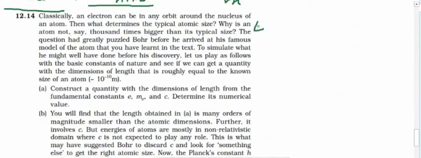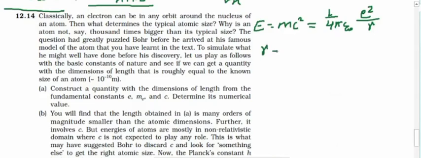You can take E is equal to m c square, which is equal to the potential energy, which is 1 by 4 pi epsilon naught Q1 Q2. For the hydrogen atom, Q1 Q2 is e square by R, the potential energy. Now cross multiply this equation and find the value of R.